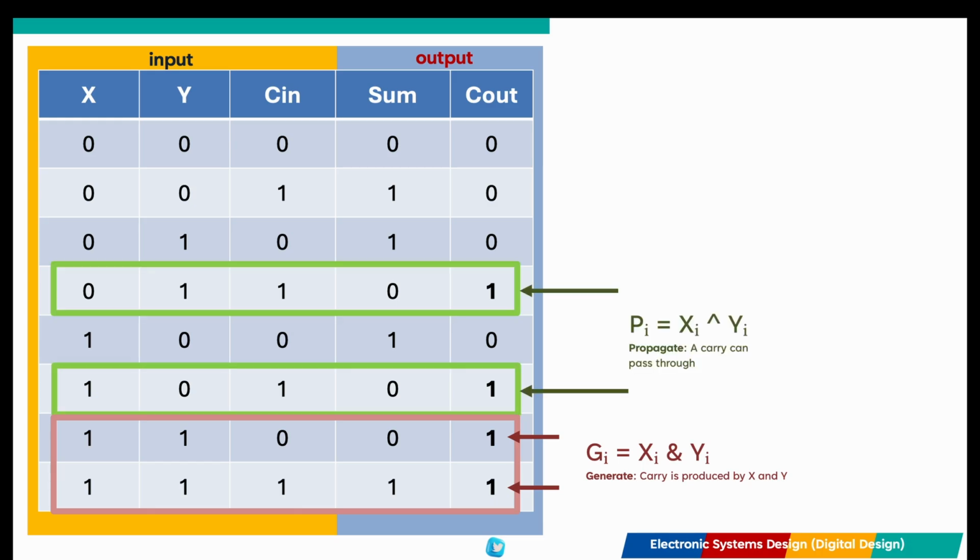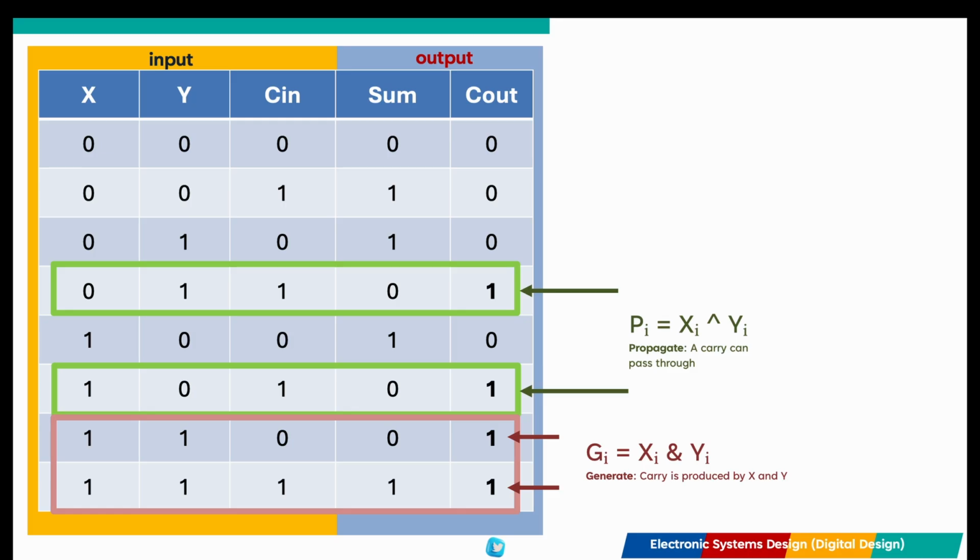The second situation is more subtle, when either X or Y is 1, and there is already a carry-in. Here, the stage isn't creating a new carry from scratch. Instead, it is passing, or propagating, the incoming carry to the next stage. If X or Y is high, the door is open for the carry-in to pass through.